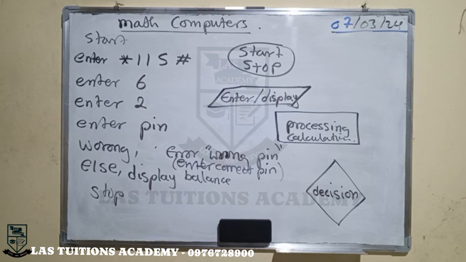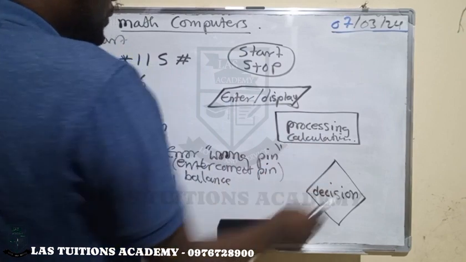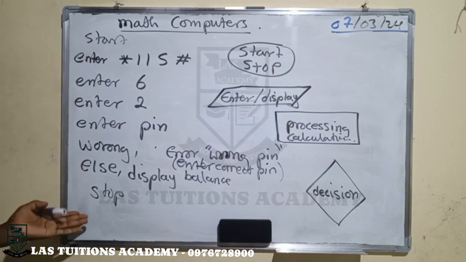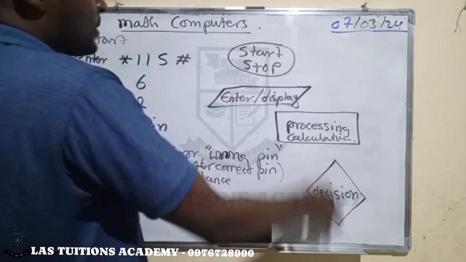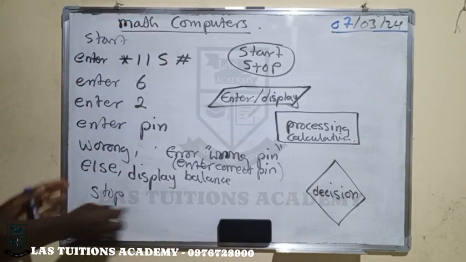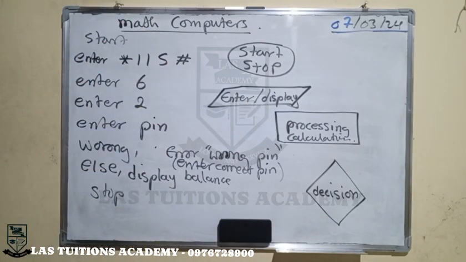If you are to decide, then you use that shape. These are the shapes that we use in a flowchart. So this is a pseudocode, and we have to enter these into the respective shapes so that we come up with the whole information, how it should follow each other.